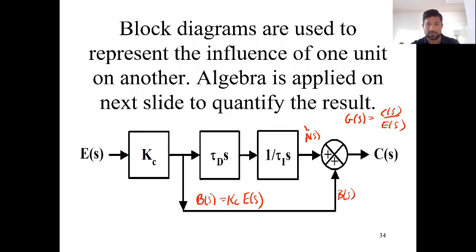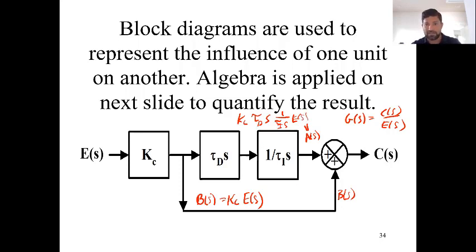So again, A, and just to write it this way, going backwards, I'm going to have 1 over tau IS, multiplied by tau DS, multiplied by KC, multiplied by this ES term.